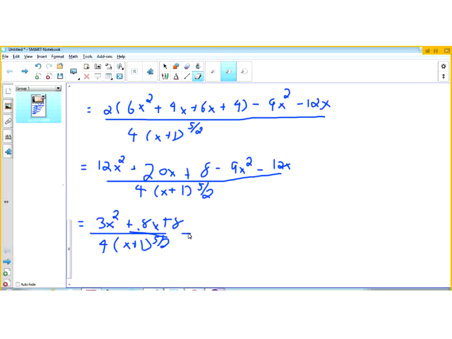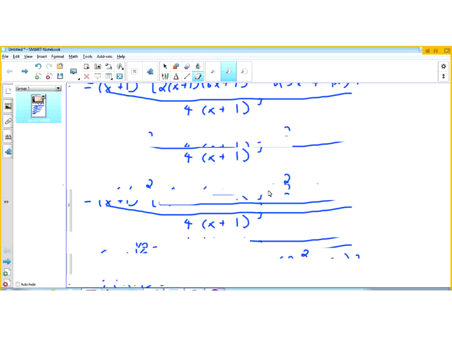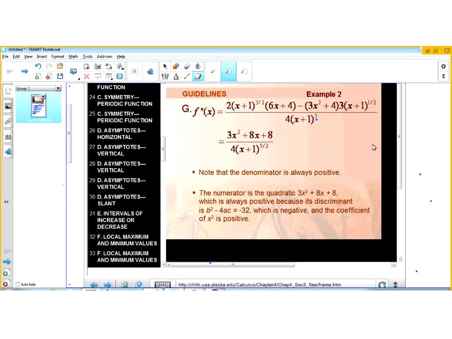So what do we do with it? Okay, we're going to use the second derivative to identify potential inflection points and concavity changes. So how do they interpret the information? The denominator is always positive, right? Because we're taking the square root of some number to the 5th, and the domain has already been established to be greater than -1.